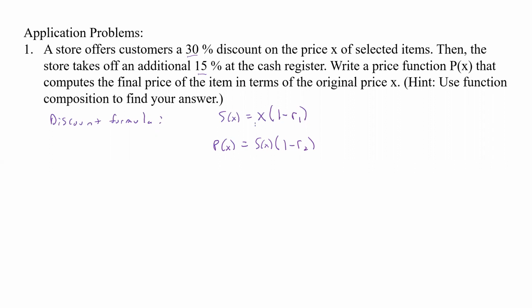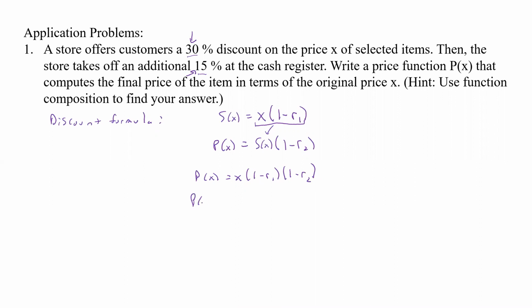But now what I'm going to do is substitute this in here so I get a single equation. P of X equals X, original price, times 1 minus R1 times 1 minus R2. And then that will be my function I'm going to use. Now, since they do give us our rate 1 and our rate 2, we can plug those in.